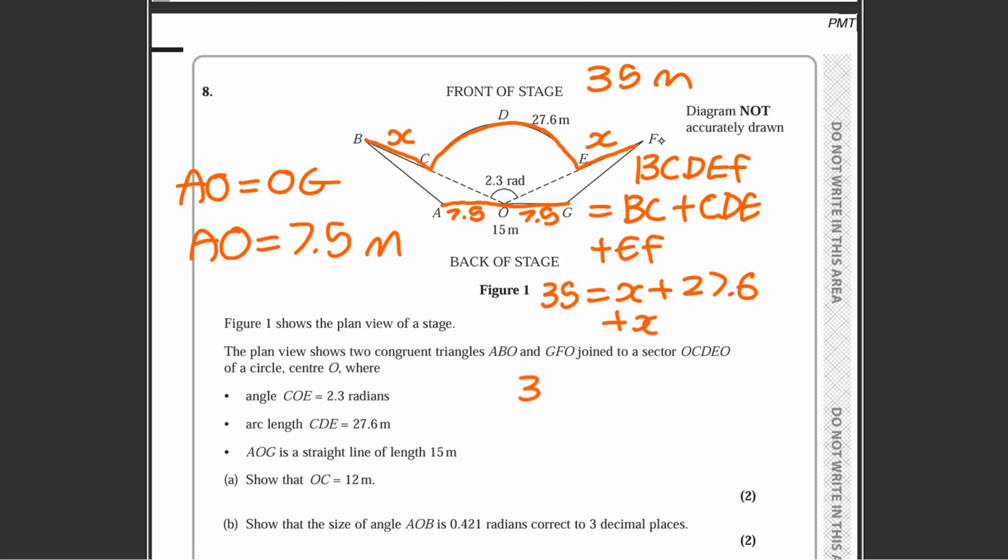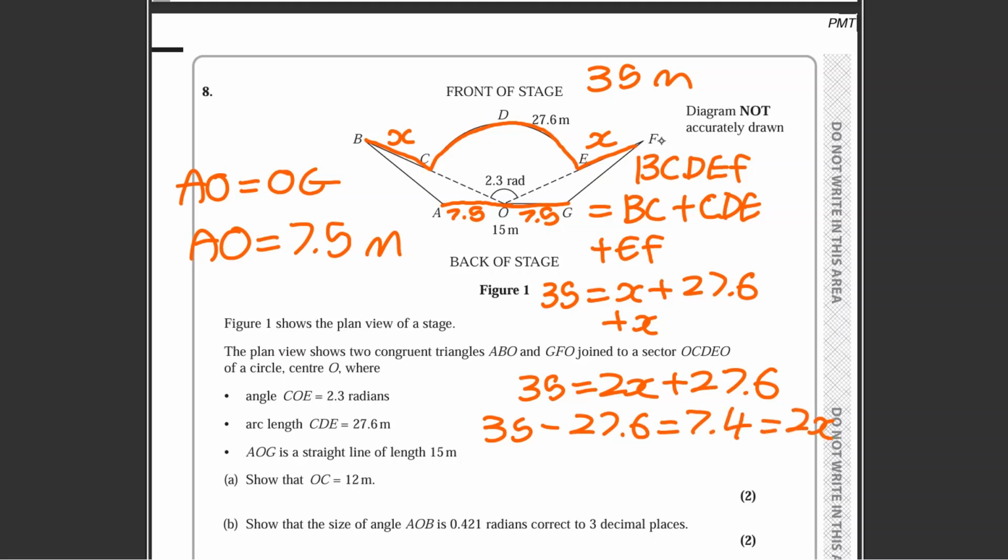So 35 is equal to x plus x, which is 2x, plus 27.6. So 35 minus 27.6 is equal to 7.4. This is equal to 2x, and then x is equal to 7.4 divided by 2, which is 3.7. So x is equal to 3.7.